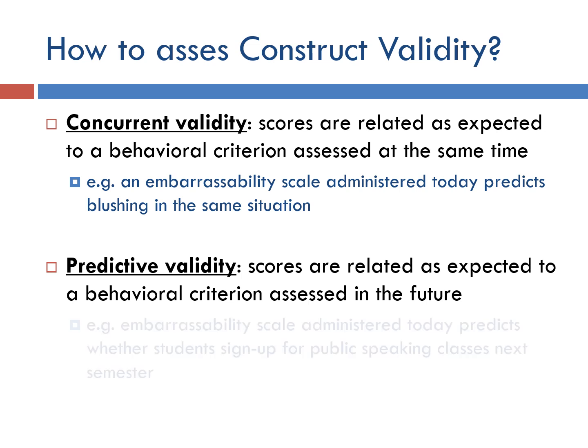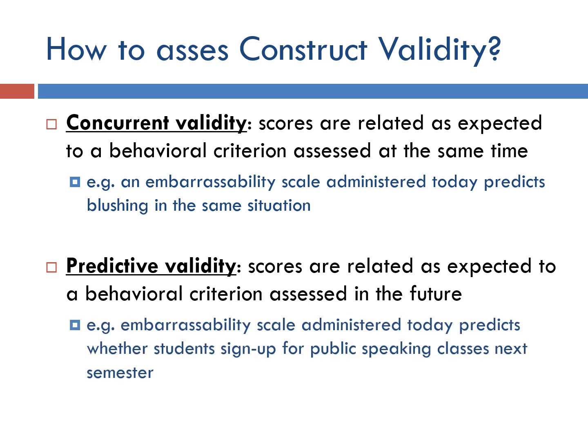Predictive, on the other hand, is looking to the future. If somebody scores high on your measure, are they likely to do some kind of future criteria behavior? Are they going to act in that way? So with embarrassment, if they score high on your embarrassability scale, we would predict that they wouldn't necessarily sign up for a public speaking class.